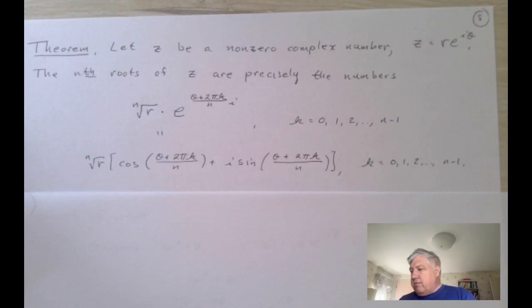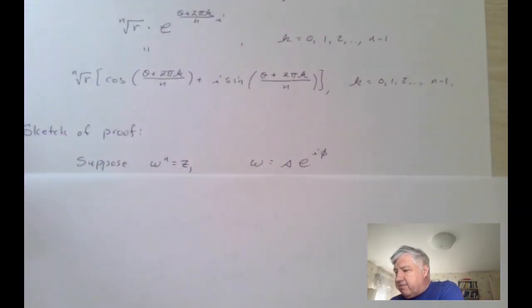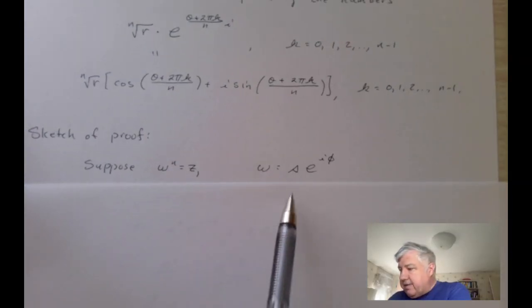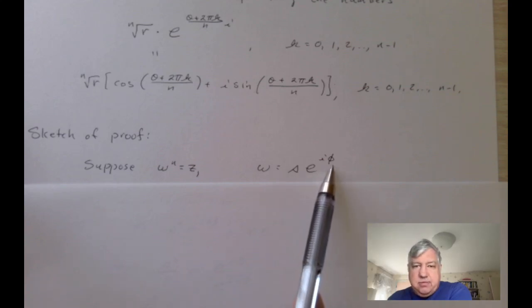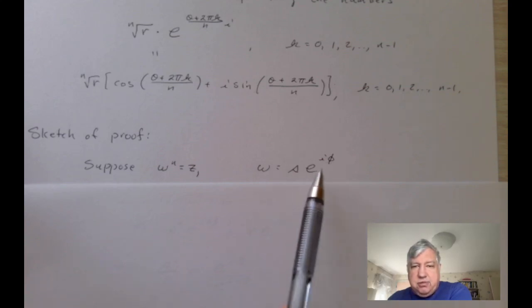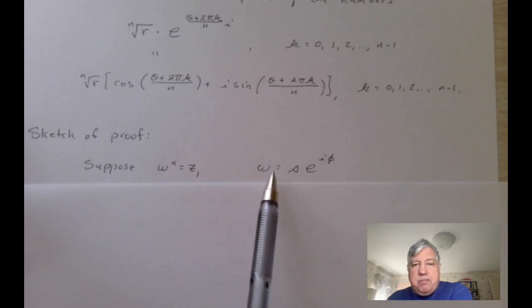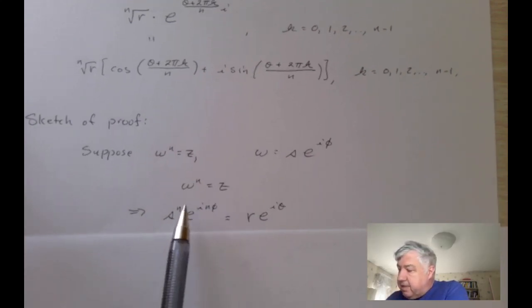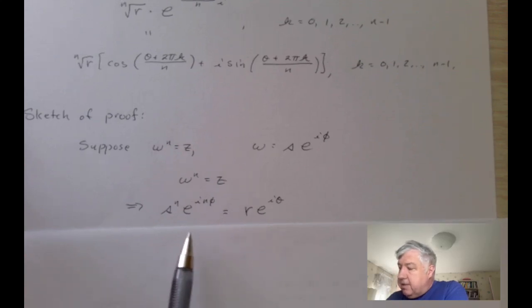Now, the reason why this works, I'll just give you a sketch of the proof. If w to the n is equal to z, let's say w has the trig form s e to the i phi, where s is the modulus and phi is the argument of w. Then w to the n is s to the n times e to the i n phi.